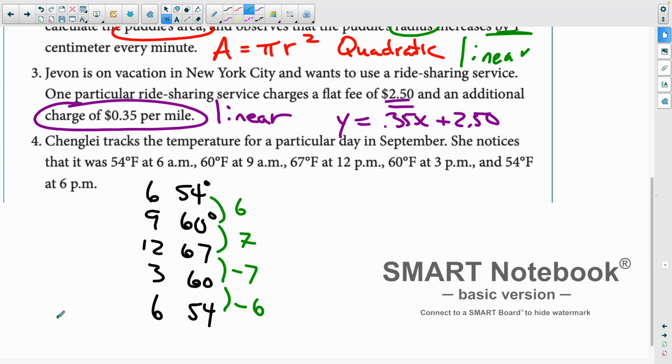Here's what I need you to see. This is where it's not quadratic. If I drew the parabola, because it goes up and it goes down, how steep is this slope right here? Pretty steep. How steep is this one? Not as steep. And then right here, it gets less and less, right? What's this one doing?